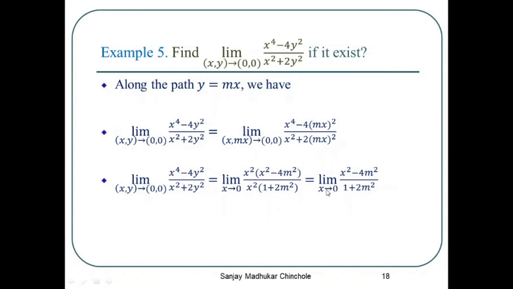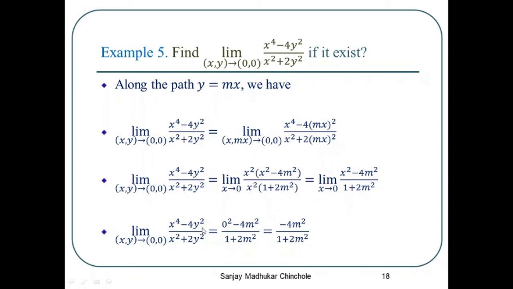After applying the limit as x tends to 0, we will get limit of x raised to 4 minus 4y square upon x square plus 2y square as x, y tends to 0, 0 is equal to, you have to just replace x square by 0 square here. We will get 0 square minus 4m square upon 1 plus 2m square, which is equal to minus 4m square upon 1 plus 2m square.